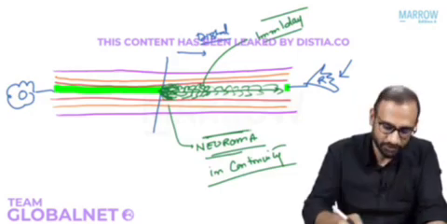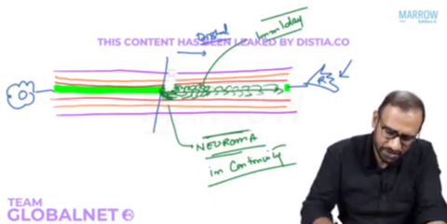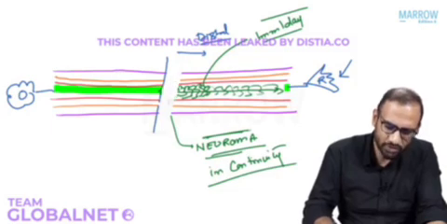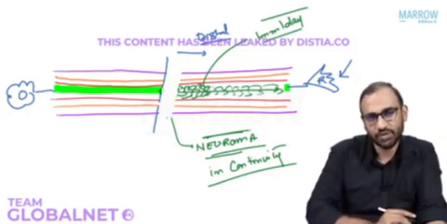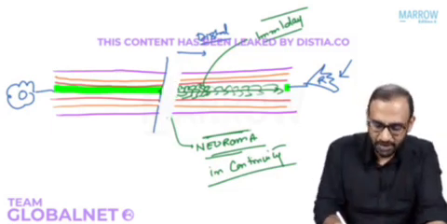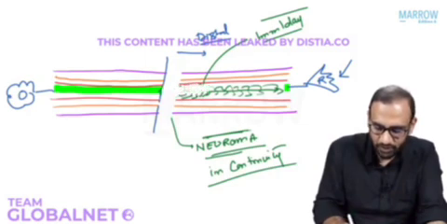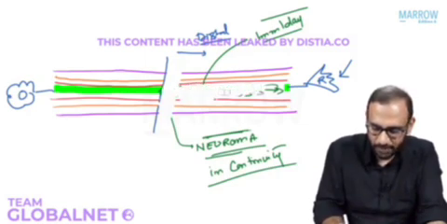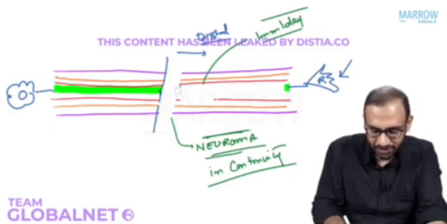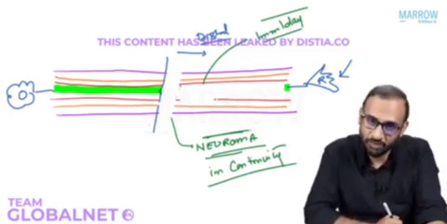Now, what if the injury was such that all the sheaths with the axon were injured? What will happen? Same thing will happen. The distal fragment of the axon will undergo Wallerian degeneration. Now, what will happen to the proximal limb of the axon?